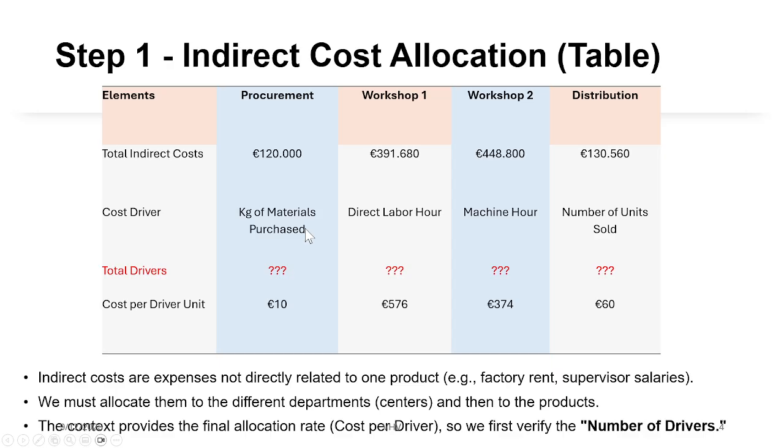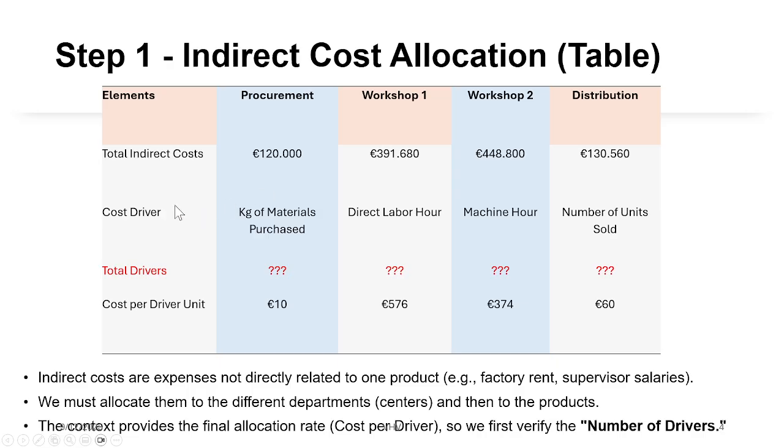On this slide, you will see the summary table we are going to complete. We have the total indirect costs for each of our four main centers. Procurement at 100,020, workshop 1 at 300,000, 391,680, and so on.